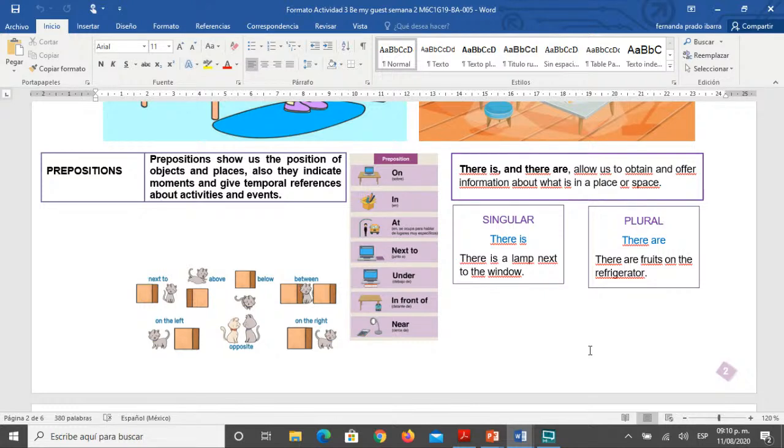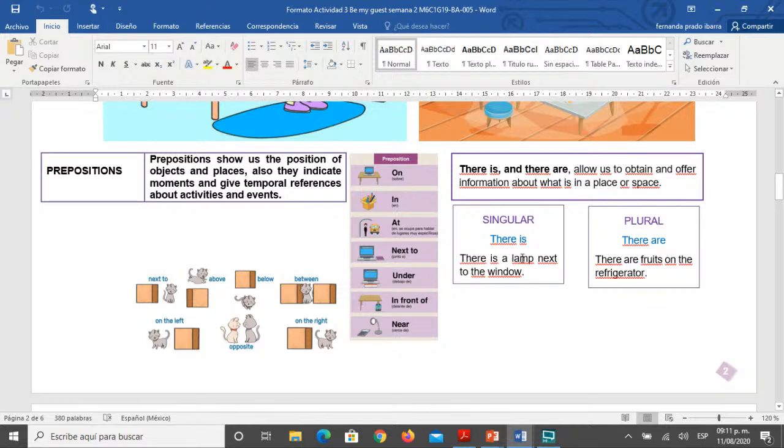So also we're going to use there is and there are because these grammatical notions allow us to obtain and offer information about what is in a place or space. So it's very specific to indicate what is located where, okay? We use it in singular, there is, like in the example, there is a lamp next to the window.